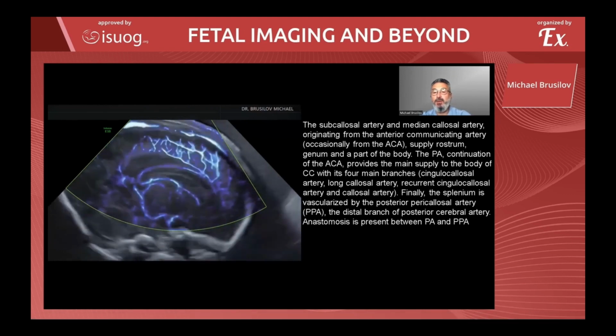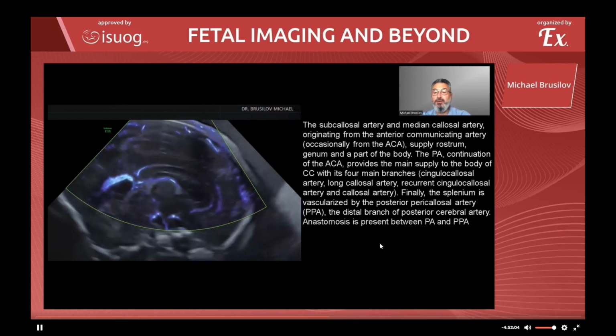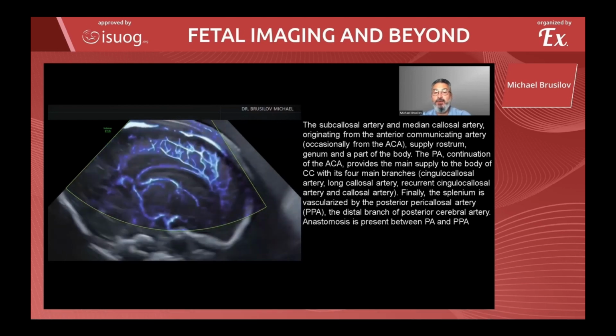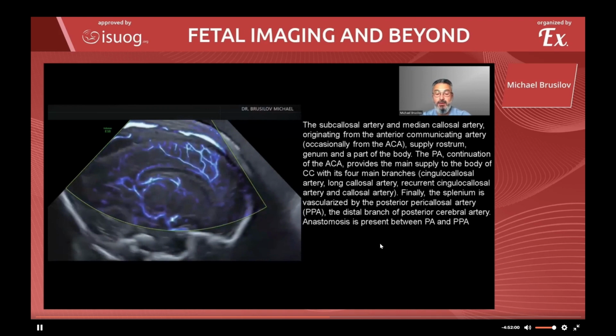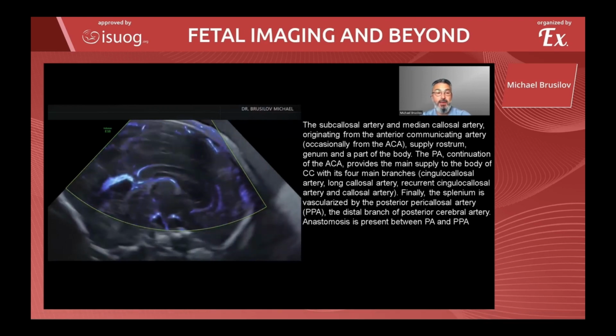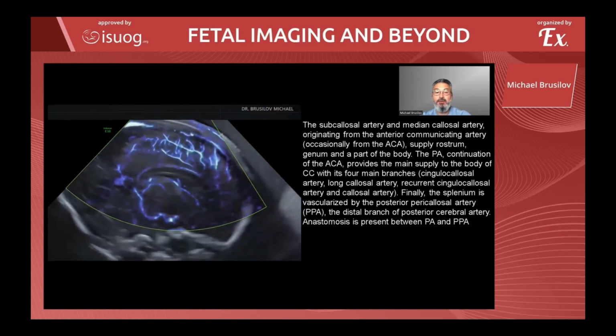Anastomosis is present between the pericallosal artery and the posterior pericallosal artery. It's the normal blood supply area of the corpus callosum.